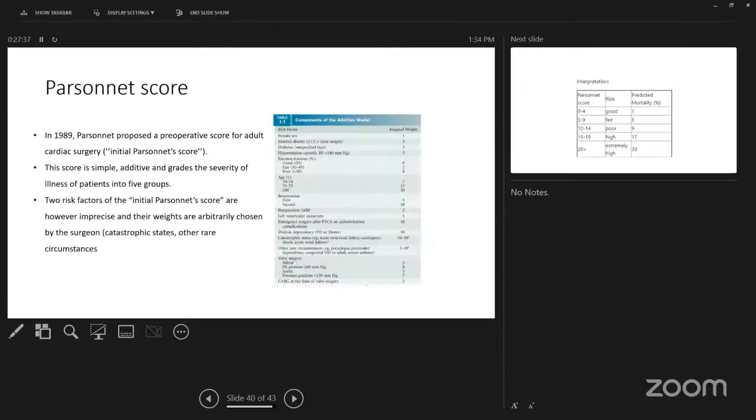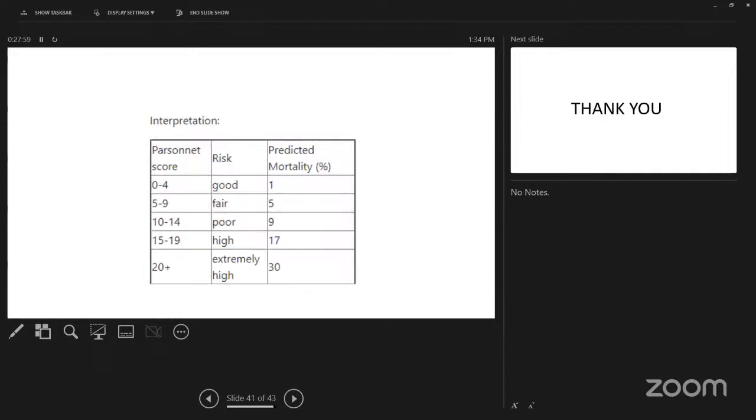Finally, there is the Parsonnet score, which is a simpler score, developed in 1989. You have risk factors, and each risk factor has a number of points. At the end, you calculate these points and apply them to the score. A score of 0 to 4 is good, with a predicted mortality of 1%.